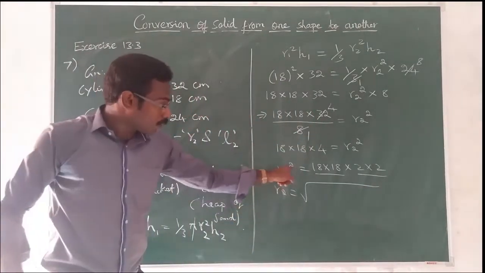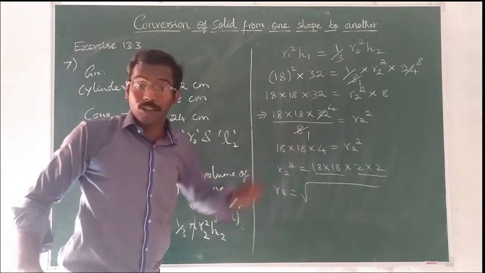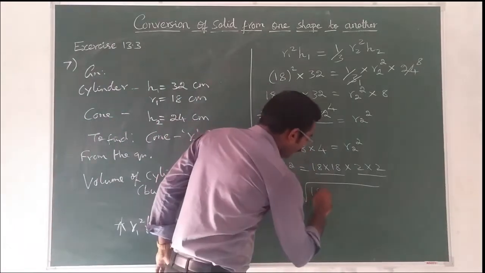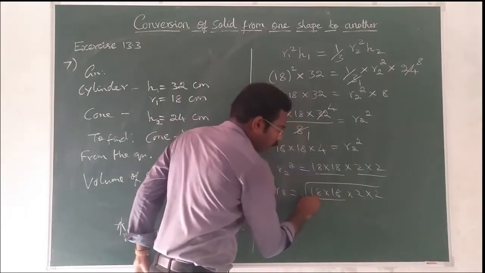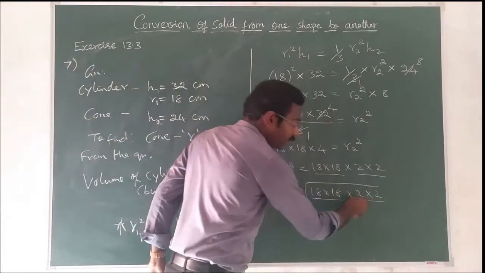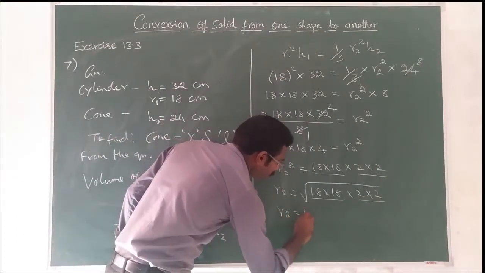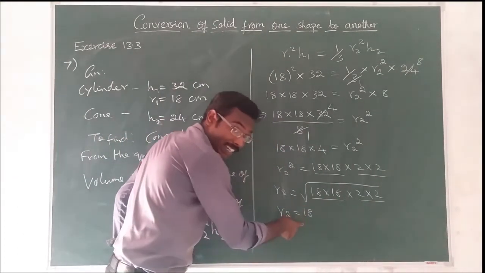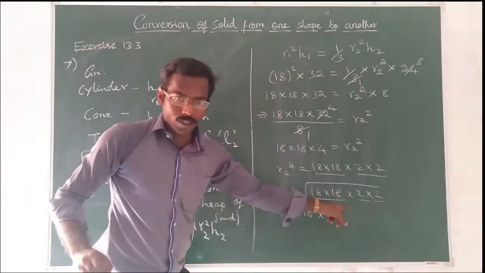So r2 is equal to the square root of 18 into 18 into 2 into 2. So here two 18s are in multiplication and two 2s are in multiplication. So very easy. Instead of two 18s I will take one 18 outside, and instead of two 2s we are taking one 2 outside.